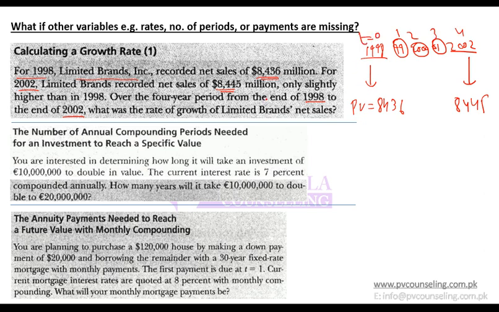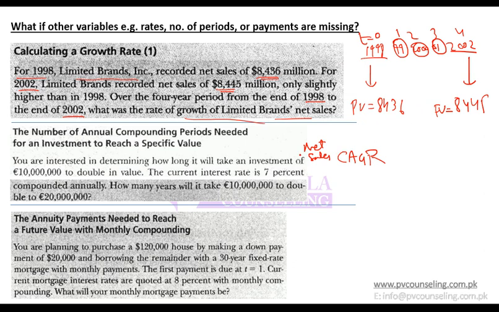That is today. What was the rate of growth of net sales, which is also known as CAGR, the net sales compound annual growth rate? How do you find that out? You have PV, you have future value, and you have the number of periods.